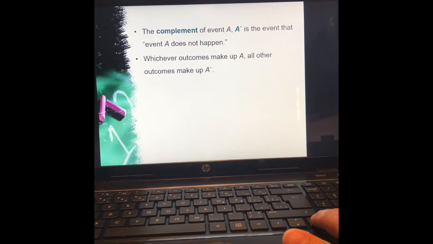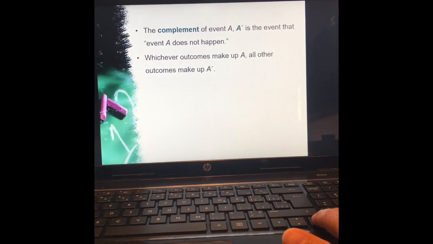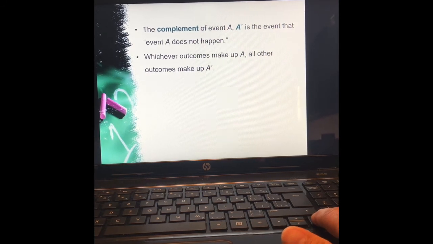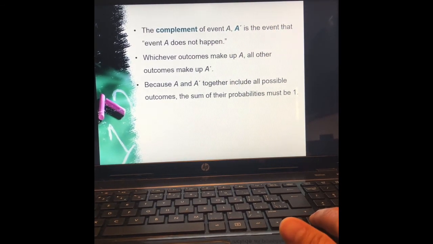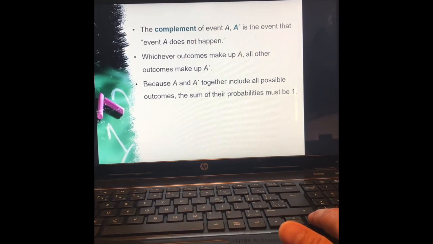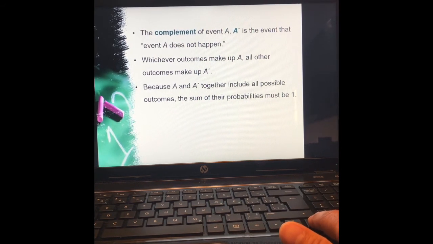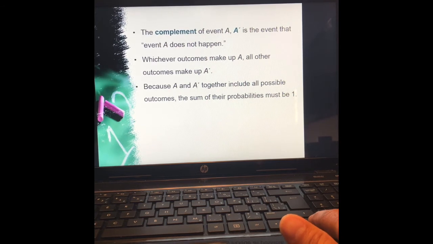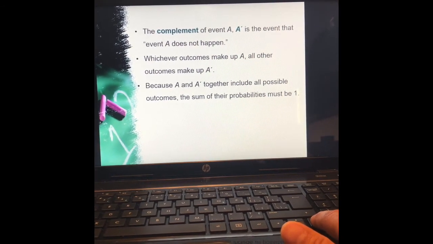Whichever outcome makes up A, all other outcomes make up the complement, or not A. So the complement is just not it. Because A is the event you want, and the complement of A, or not A, cover all possibilities, they have to add up to 1.0 or 100% of the time.